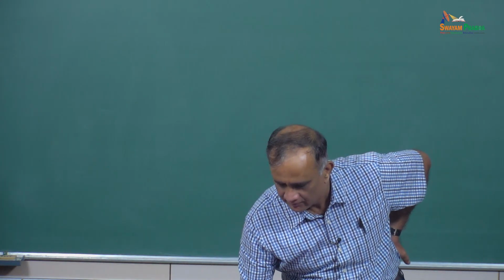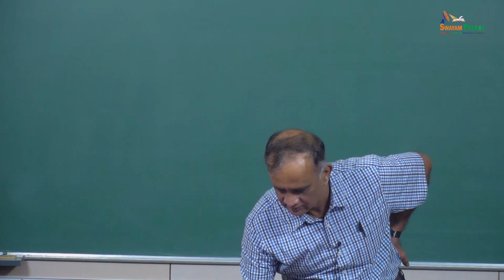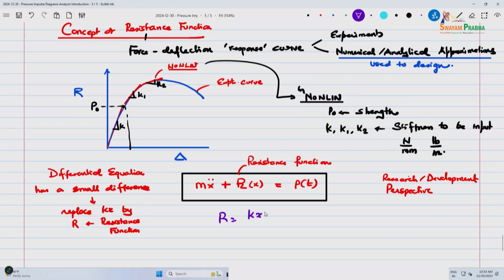So, if the resistance function has three different expressions, it is kx for x less than or equal to x1, equal to k1 x for x1 less than x less than x2, and equal to k2 x for x greater than x2. This is in non-lin.